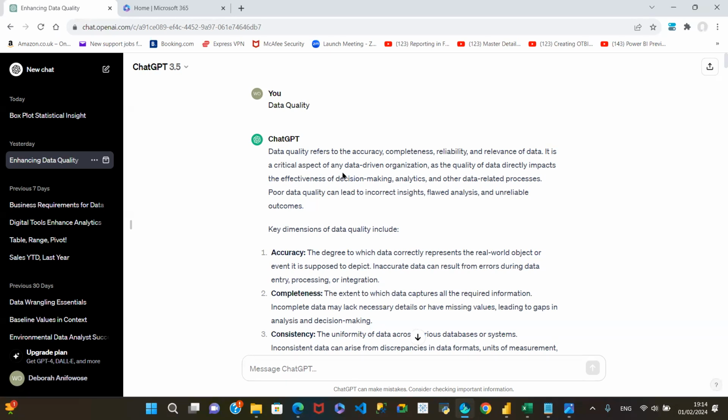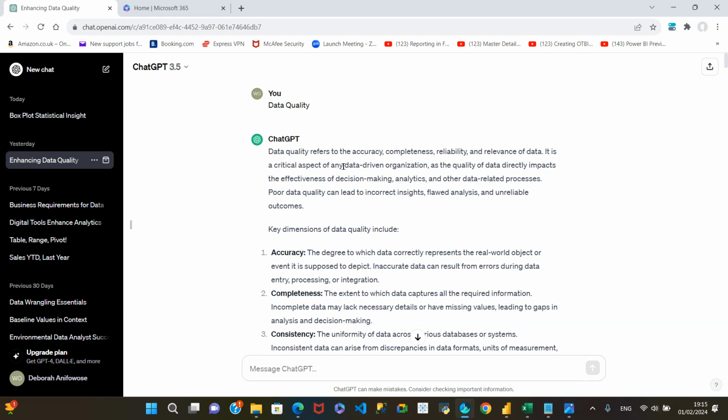And what is data quality? What does it refer to? It's talking about how accurate, how complete, how reliable, how relevant or up to date our data is.